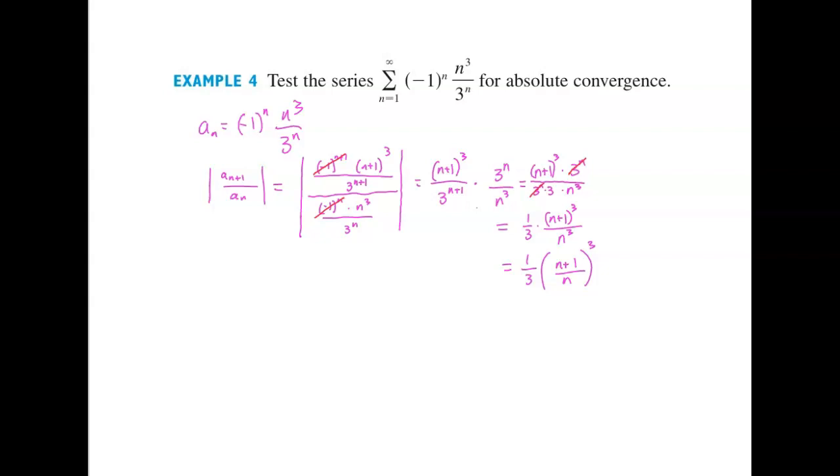And then finally, I can just divide n into both those terms inside parentheses. I get 1/3 times 1 plus 1 over n to the third.